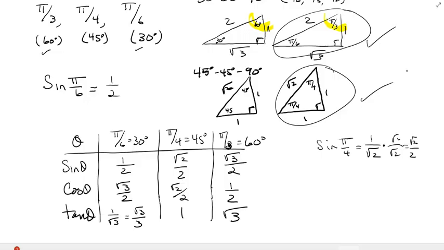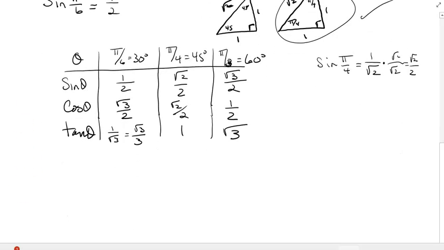Well, do you notice that the sine of 30 is the same as the cosine of 60? Well, that is certainly not a coincidence. That actually leads us to one of our first identities, and we'll get into some more identities in the next video.